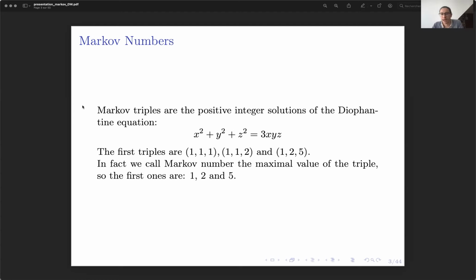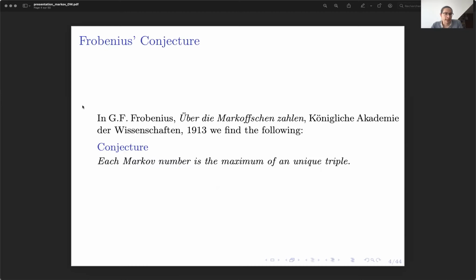And we will call the maximal value of each triple the Markov number. So here we have 1, 2, and 5. And a conjecture from Frobenius is that each Markov number is the maximum number of a unique triple. And it has been standing since 1930.